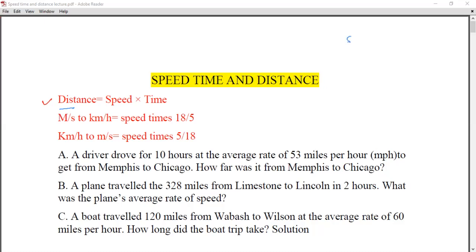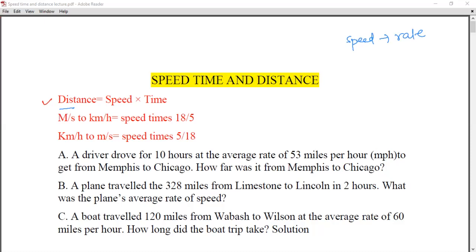Also, this speed thing, you can also take it as rate. Rate is also a speed, but it could be anything per anything. So in a word problem, if you see the word per, you know this is a question involving rates.